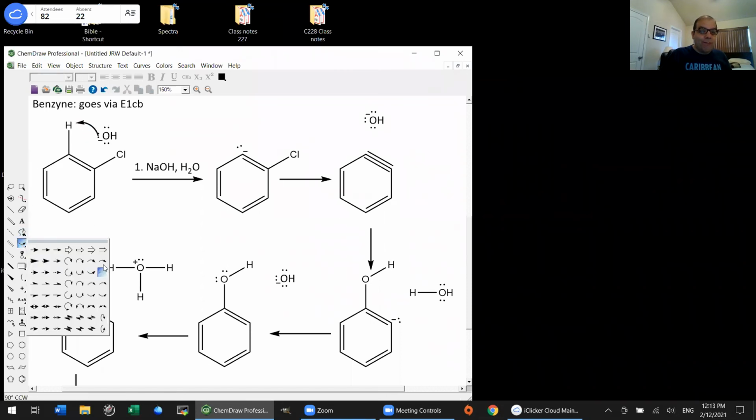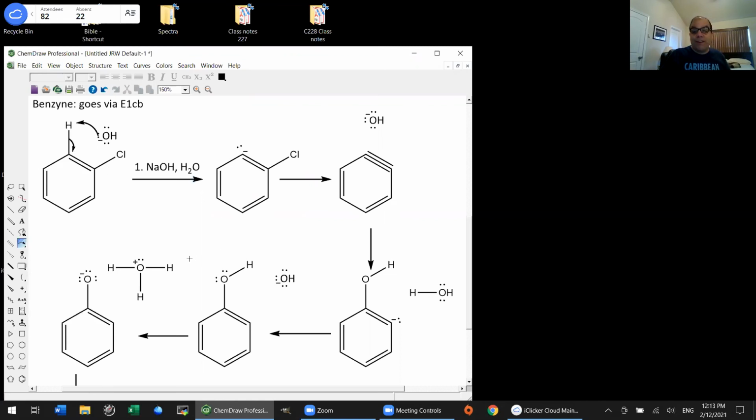And we get it by an E1CB reaction. And if we recall, the way an E1CB mechanism works is we first deprotonate on the carbon next door to the one that bears the leaving group in order to generate a carbanion. That, relatively speaking, is going to be the fast step. Recall that anytime you have a proton transfer, those are always very fast.